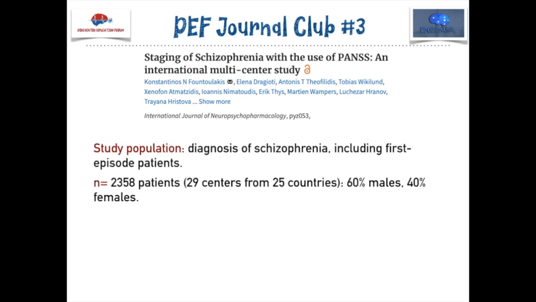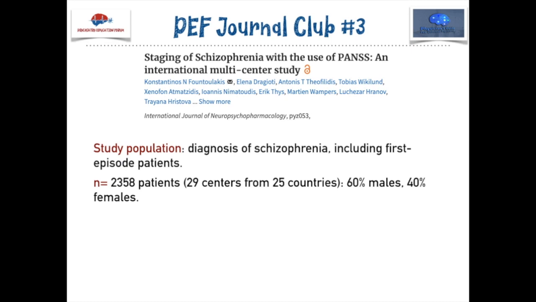This was the largest study, as I mentioned. It's a multi-country, multi-center study, 29 centers in 25 countries. The total sample size was 2,358 patients. 60% were male, 40% were female.